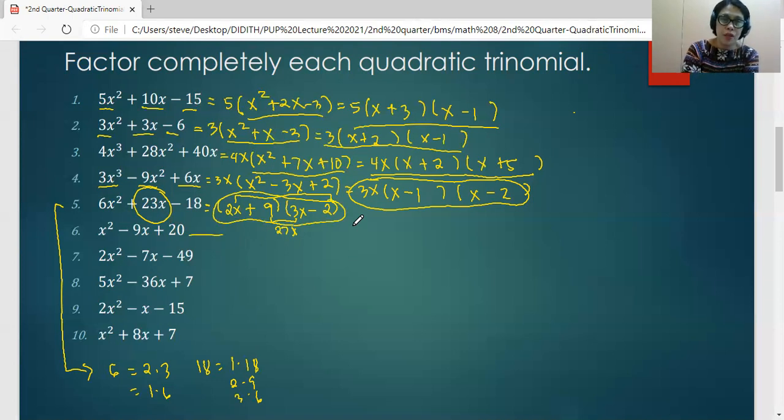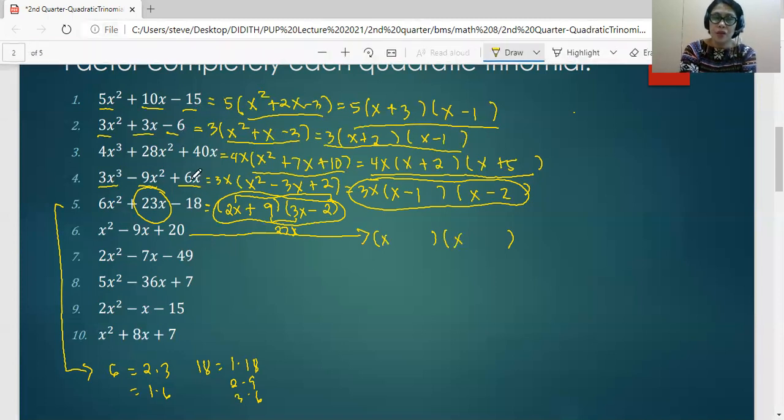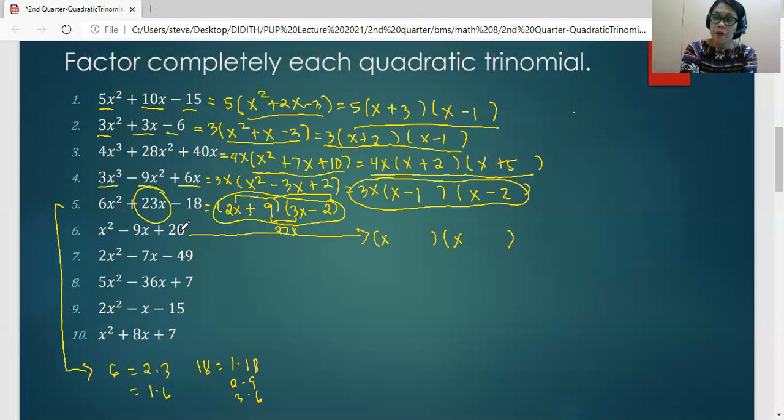Okay, for this one, 20 is a large number, but the factors for x squared here would be x and x. And we have to recall again that the factors of a positive number, particularly positive 20, are either a pair of positive or a pair of negative factors.